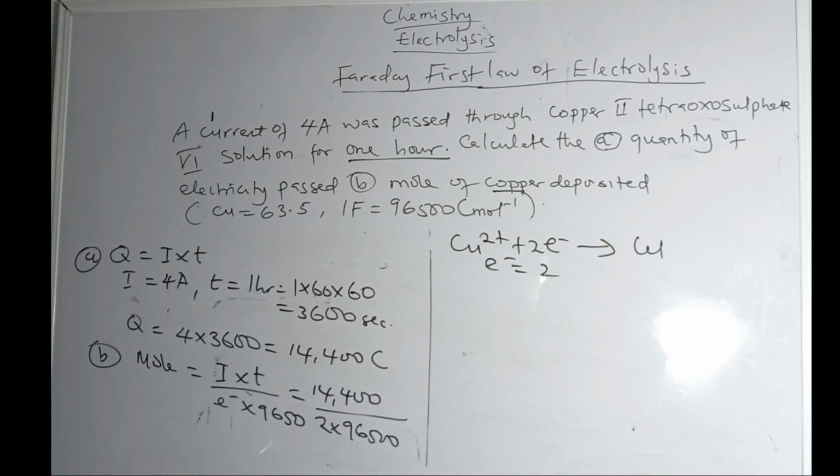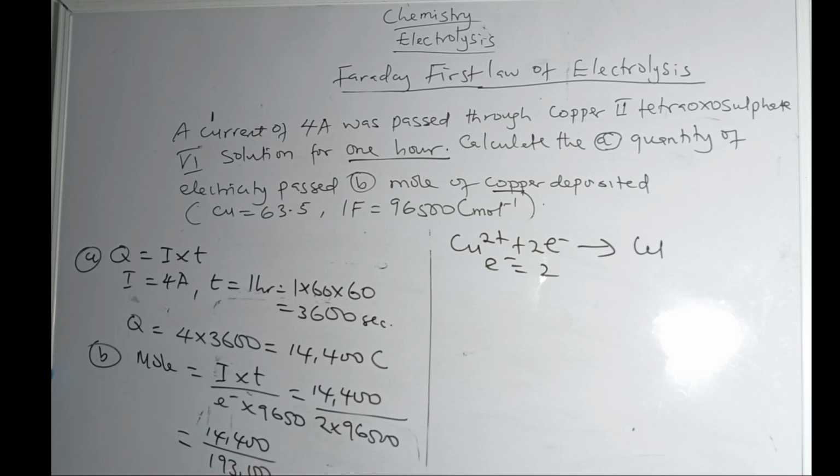So the E minus is 2 and 96500. Let's use the calculator to solve that. It will be 14,400 over 2 times 96500, that is 193,000.